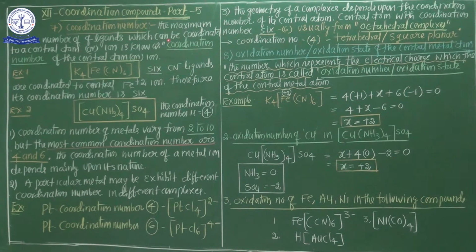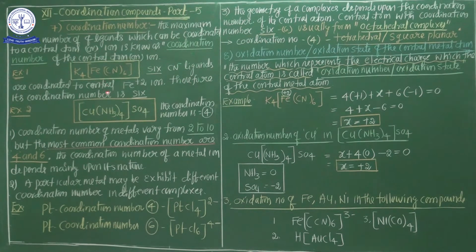See here, listen carefully every student: the maximum number of ligands which can be coordinated to a central metal atom or ion is known as the coordination number of the central atom. Coordination number always represents the central atom.